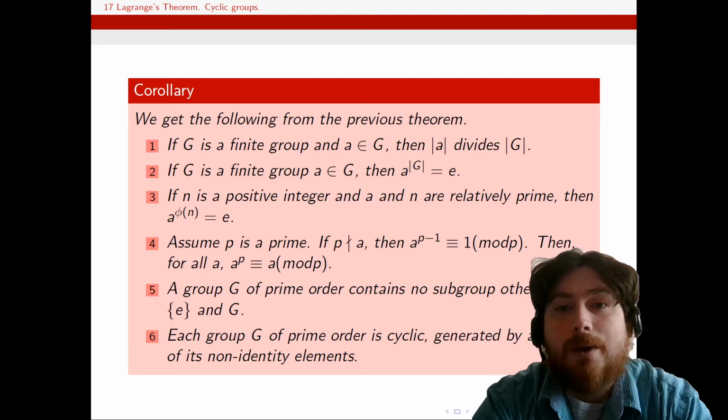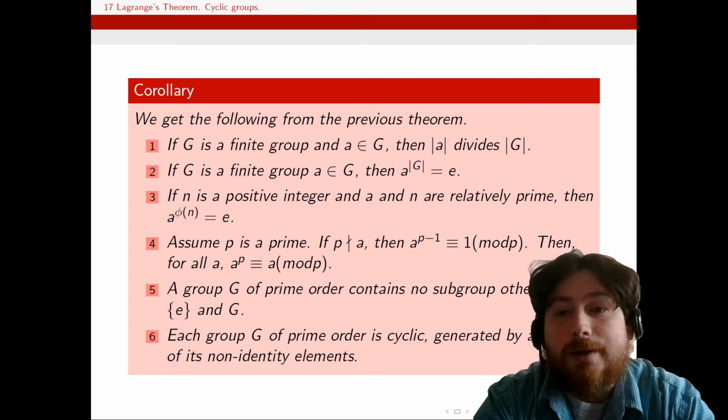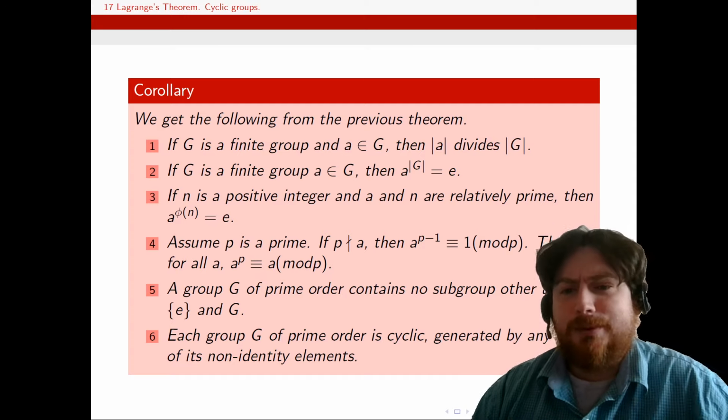Then what I want to say is if G is a finite group, then the order of A, or rather the cardinality of the cyclic group generated by A, will have to divide the cardinality of G. So let's actually look at something like that. Let's suppose I have a finite group.